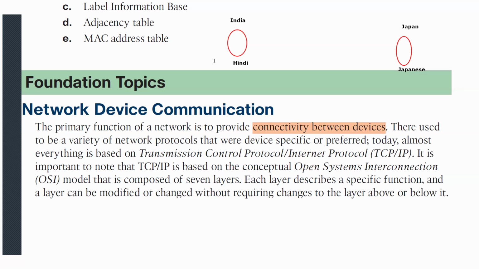It was similar to having English as a common language for communication, so people can easily exchange information. The same thing was here. They had common protocols for communication, and the interaction between multi-vendor devices started. This is clear? Okay.